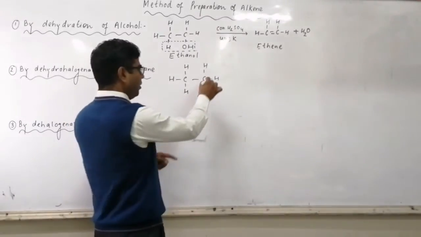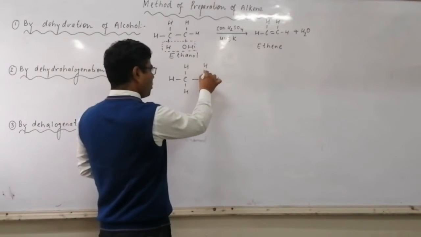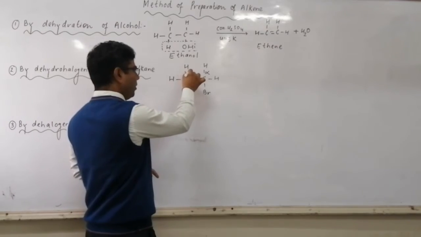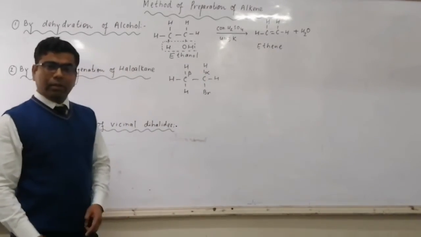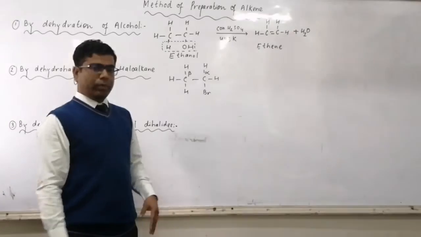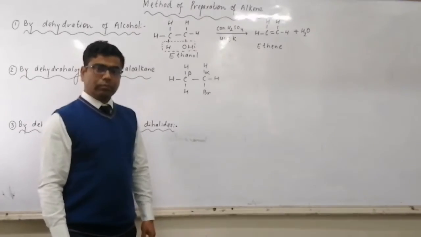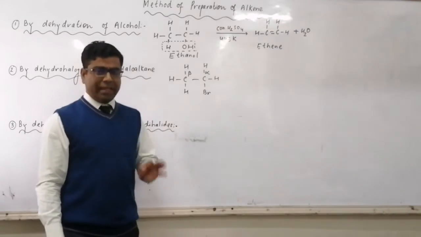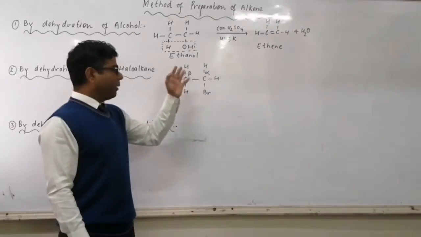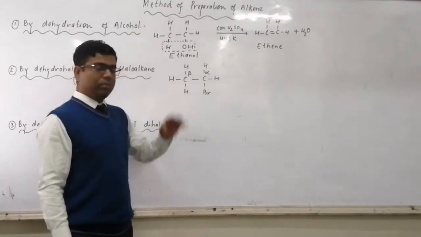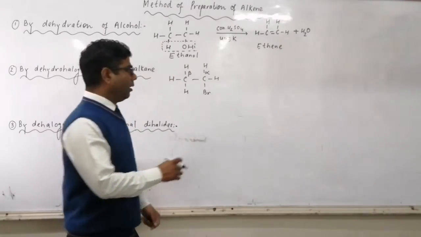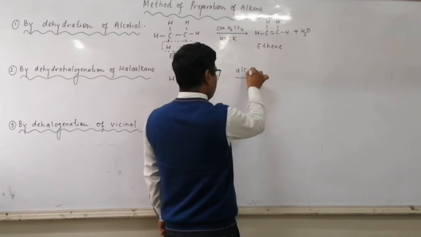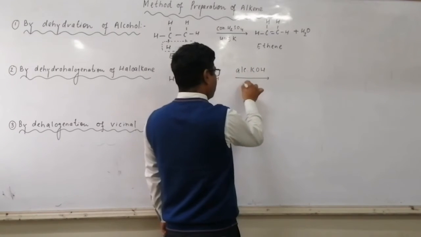This carbon where the bromine group is there is called alpha carbon, and the next carbon is called beta carbon. The carbon atom to which functional group is attached is called alpha carbon. Then the next carbon is called beta carbon. So H is removed from beta carbon in presence of alcoholic KOH on heating.